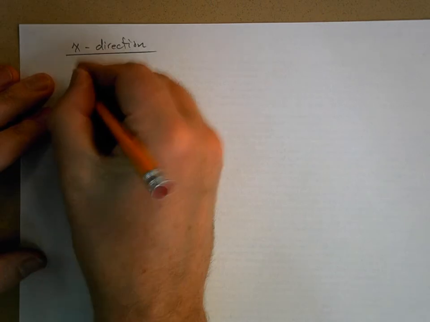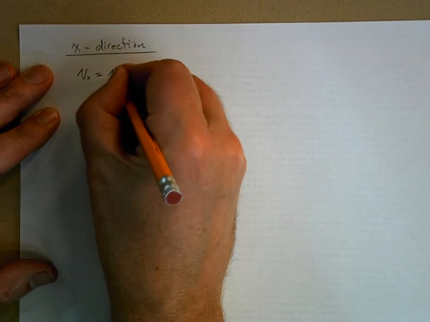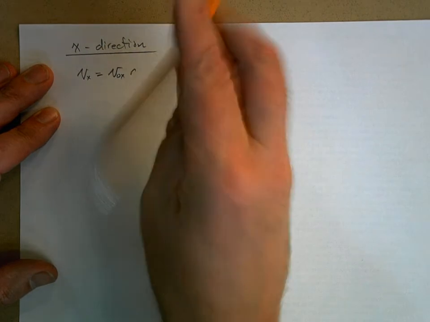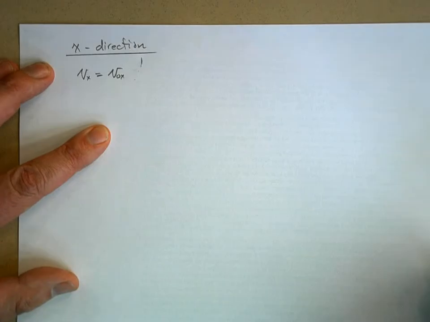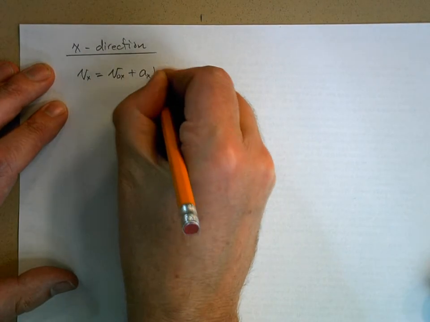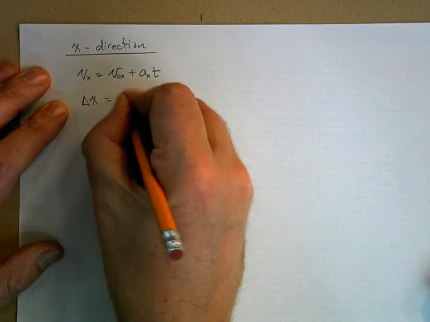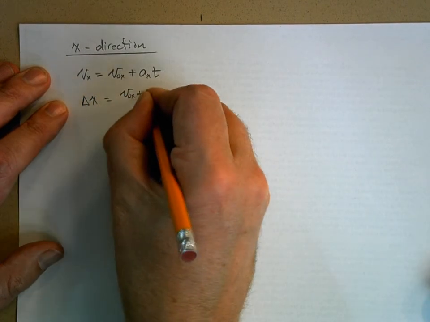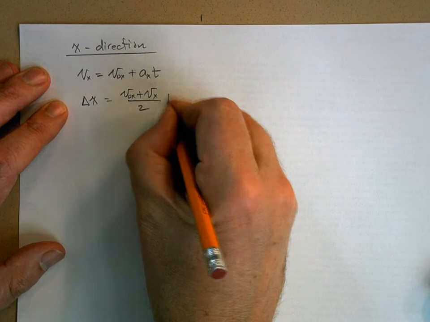So we have Vx, the final velocity in the x, equals v naught x plus the acceleration in the x times time. Then we have delta x equals v naught x plus vx over 2 times time. That's the second kinematic equation.